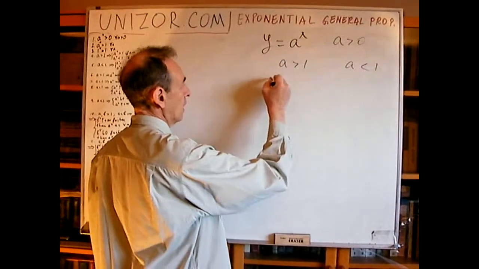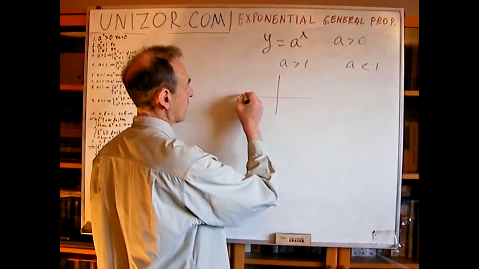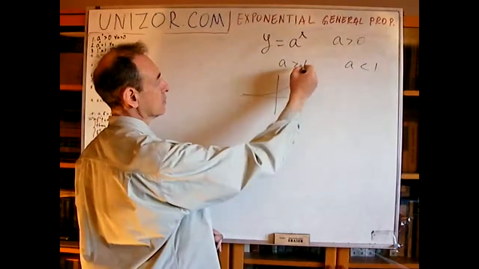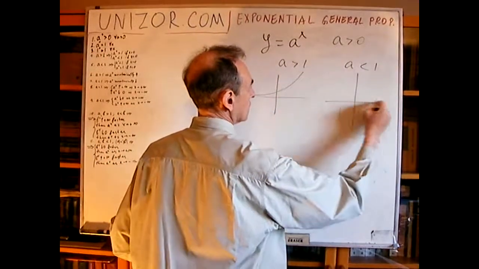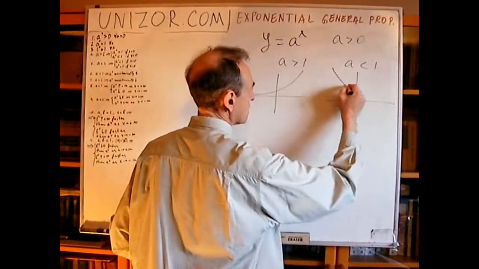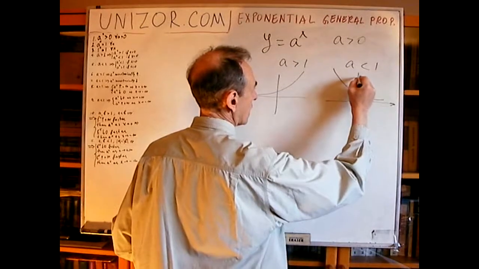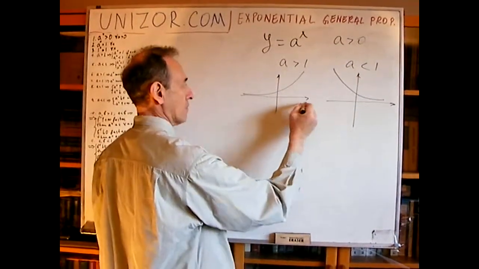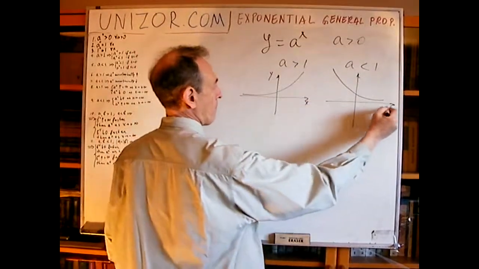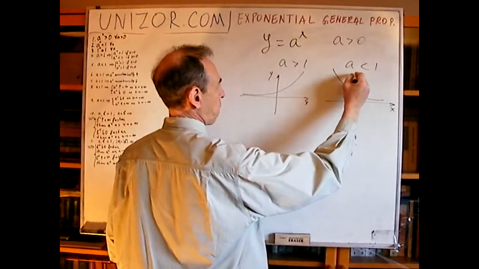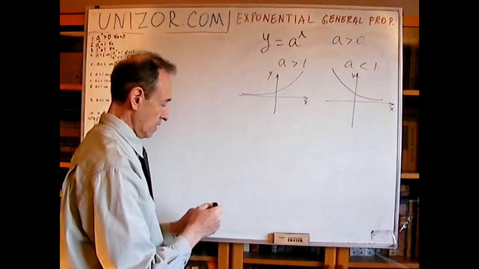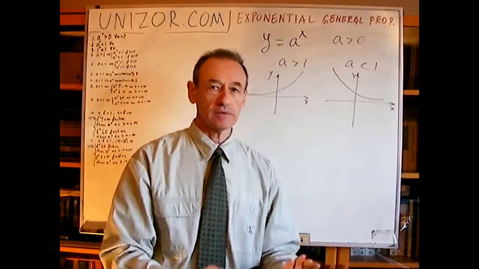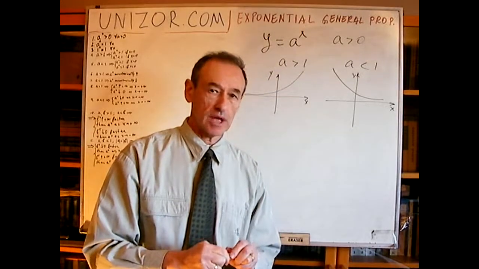So for a greater than 1, the graph looks like this. It's increasing from 0 to plus infinity. And in this particular case, it's decreasing. Okay, now I draw these graphs without basically any kind of base, any foundation.